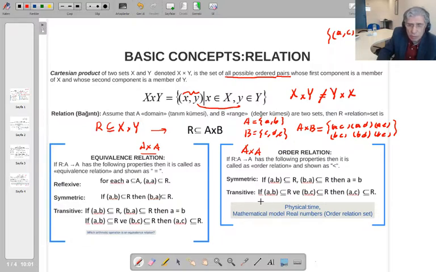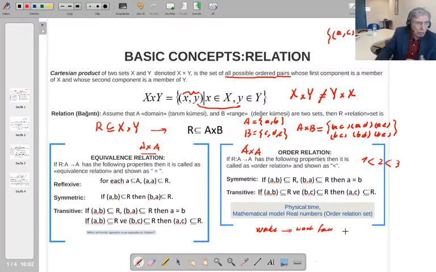Why is that? For example, real numbers are an ordered set, isn't it? So you can make an order like that. Time in physics is an order relation. In our life, what is an order relation? It is planning, isn't it? If you say that I am going to do this first, wake up first, wash my face second, that's an order relation, isn't it?